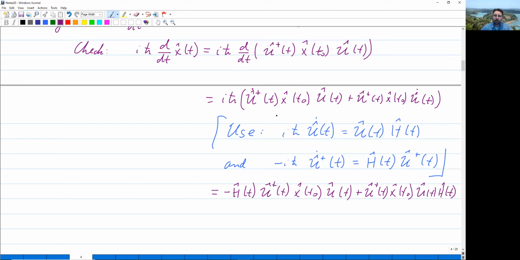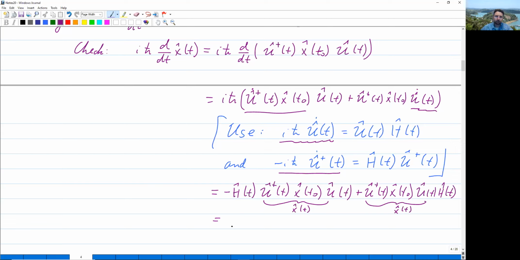Right, so we used this here, and we used this over there. All right, but now we recognize that this, of course, is x hat of t, and this is x hat of t.